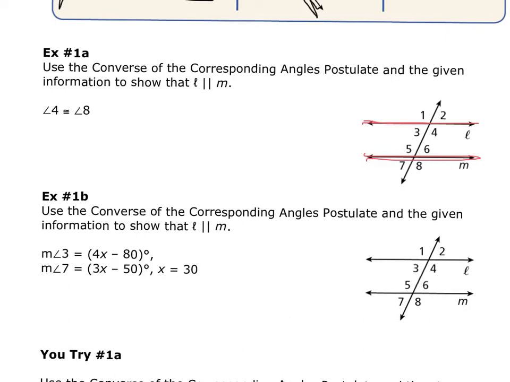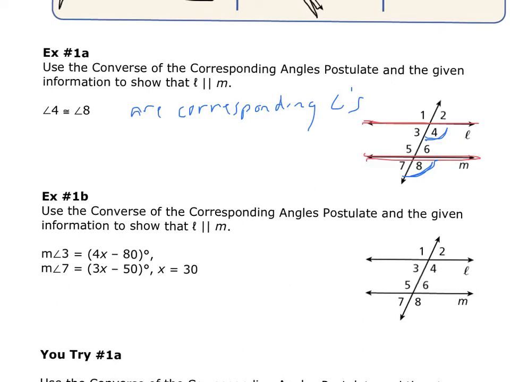So we're given that angle 4 is congruent to angle 8, and our reasoning is that they are corresponding angles.